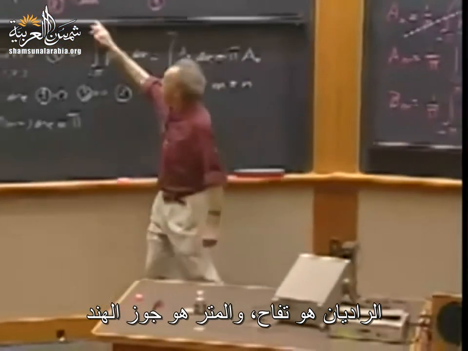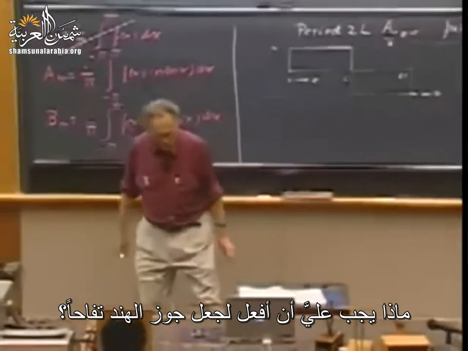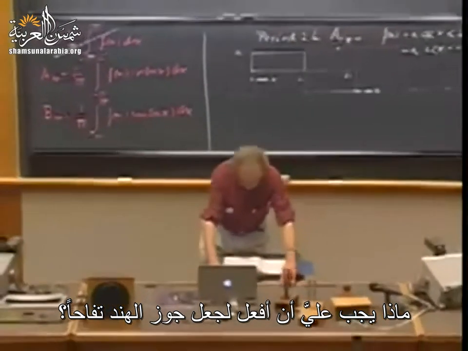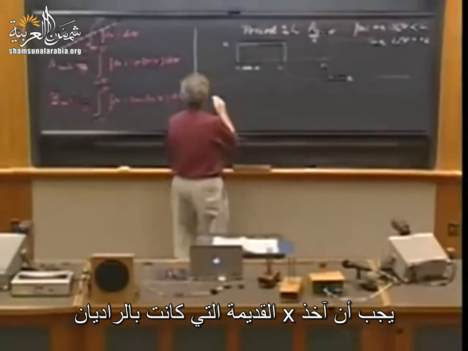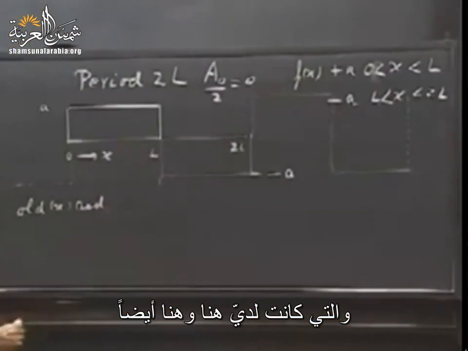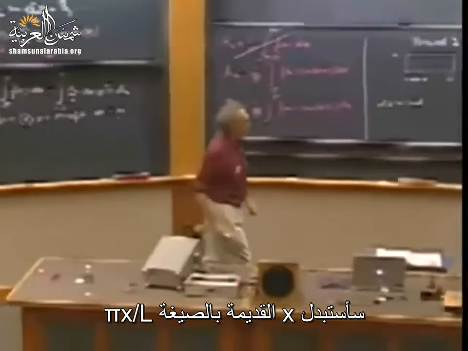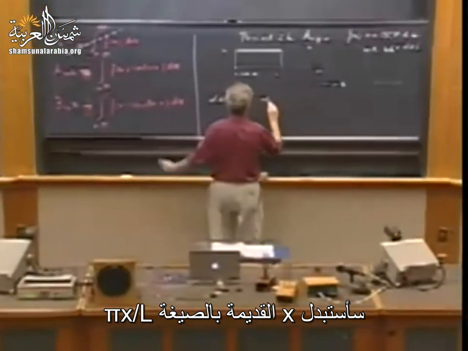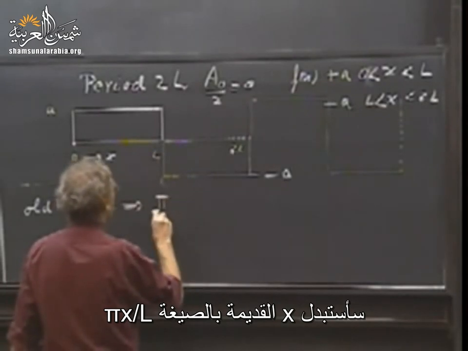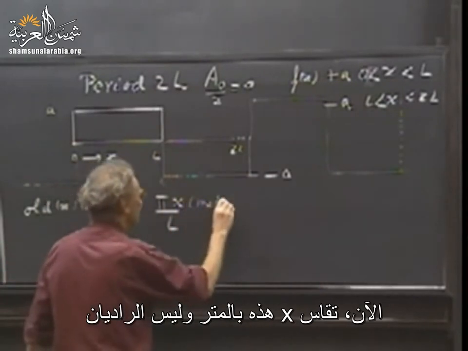So, radians are apples, and meters are coconuts. And so what should I do now to make the coconuts into apples? I now have to take the old x, which was in radians, which is the one that I have here, and I'm going to replace that in that formalism by pi x over L, and this x now is in meters.